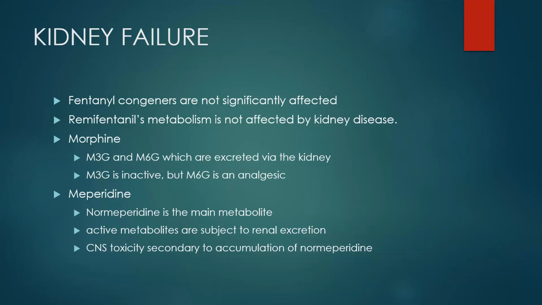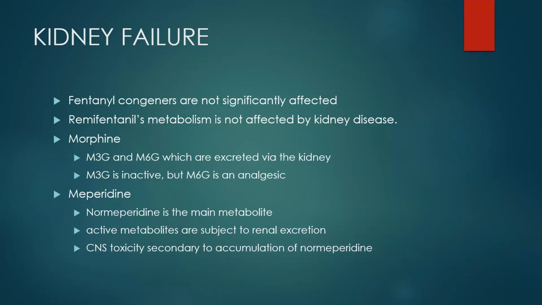Now, M3G is inactive, so we don't have to think about it too much. But M6G is an analgesic with similar potency to morphine itself. And with very high levels of M6G, life-threatening respiratory depression can occur in patients with renal failure. So don't use morphine in patients with severe renal disease.